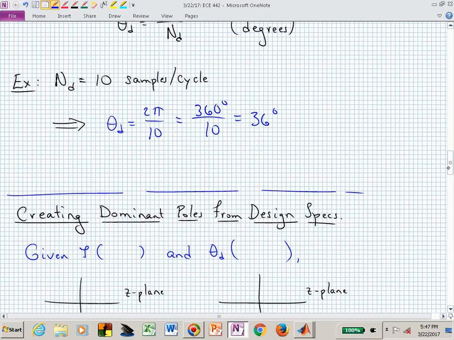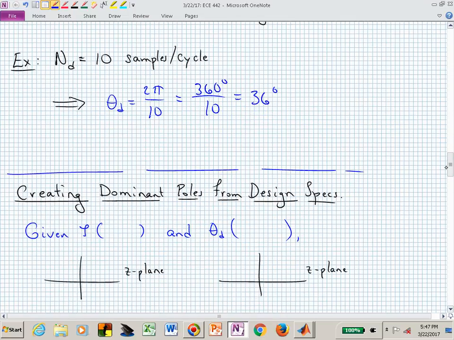So let's look at creating dominant poles from design specifications. Suppose that we go back, and last time we talked about a particular case. Here's another case. Suppose we're given zeta, or if I say zeta, what are you thinking in terms of a step response? And you have settling time, percent overshoot, and peak time. And now if I give you zeta, you should be thinking percent overshoot.